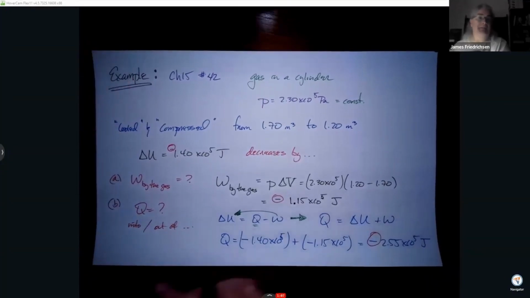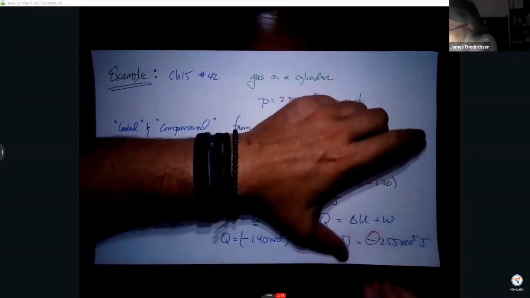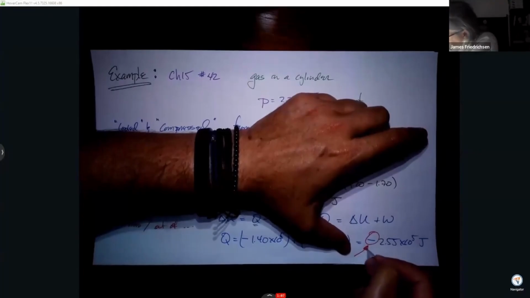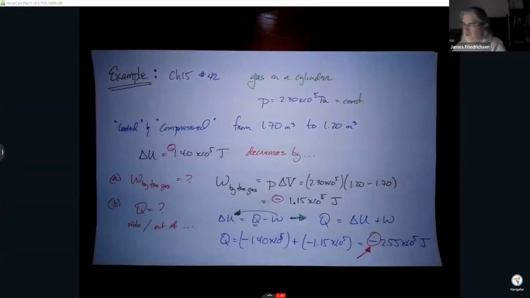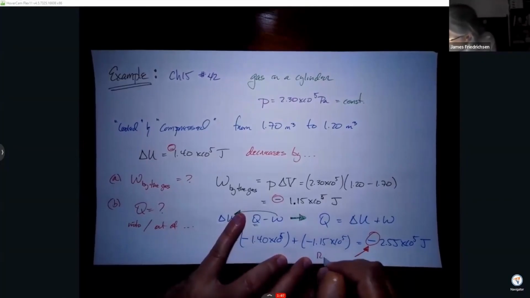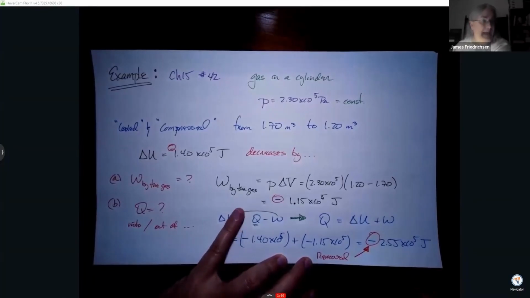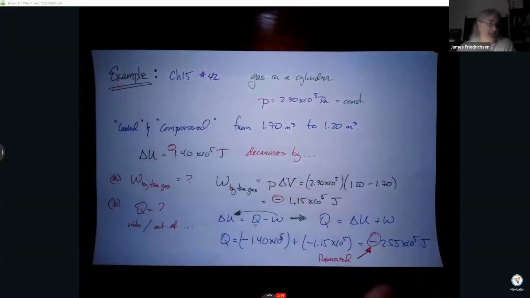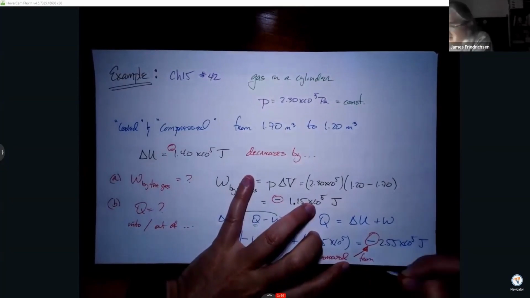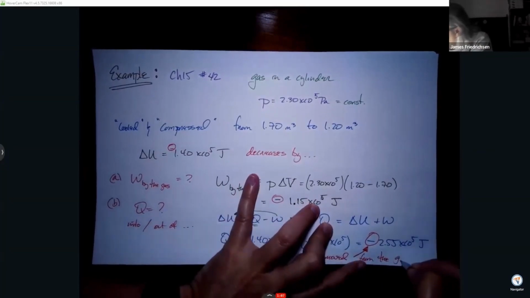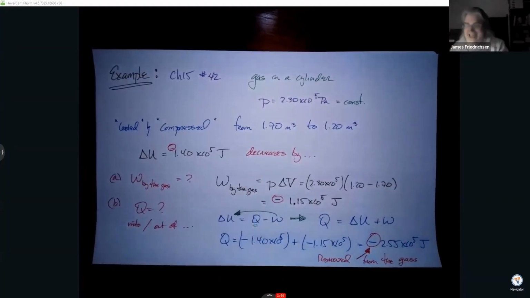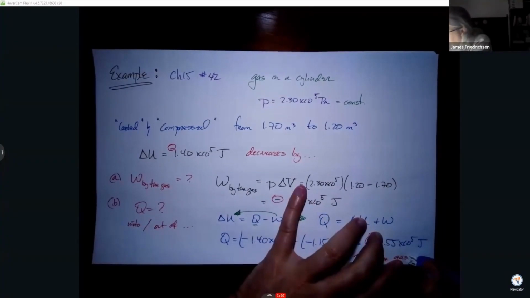Yeah, if it's negative added, then that means it was removed. Or we could say that it was what? Instead of saying it was removed from the gas, we could say it was added to the environment, because you're either in the system or you're in the environment. There is no other place to be. So it was removed from the gas, or you could say it was added to the environment.